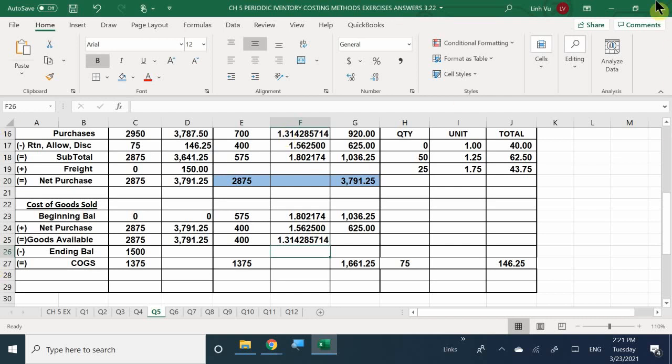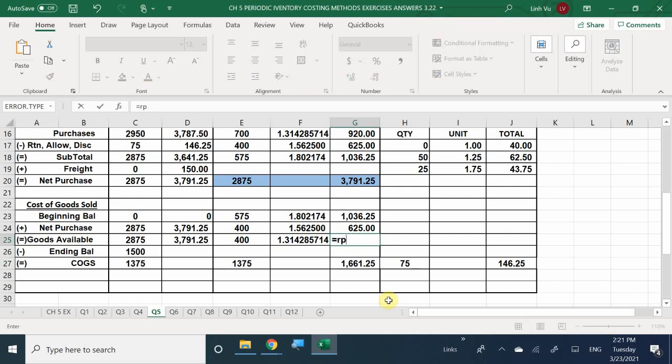So here, Nicole, are you okay here? Yeah. Okay, so here, I'm going to go ahead and type in my equal round. The first argument, once again, is going to be the actual mathematical equation that you're trying to solve.